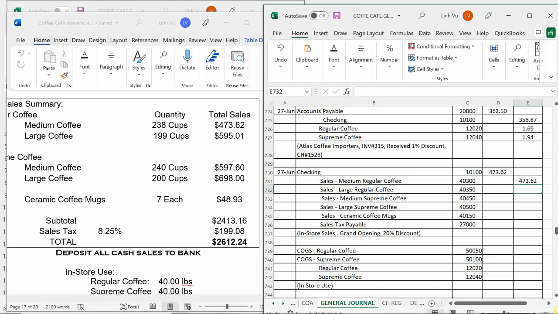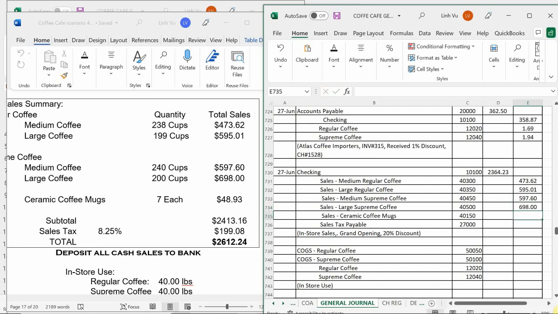And then we sold a total of 199 cups of the large regular coffee for $595.01. You've got to be careful there. We also sold the medium supreme coffee, 240 cups at $597.60. And then we sold our large supreme cups, 200 of them for $698 even.